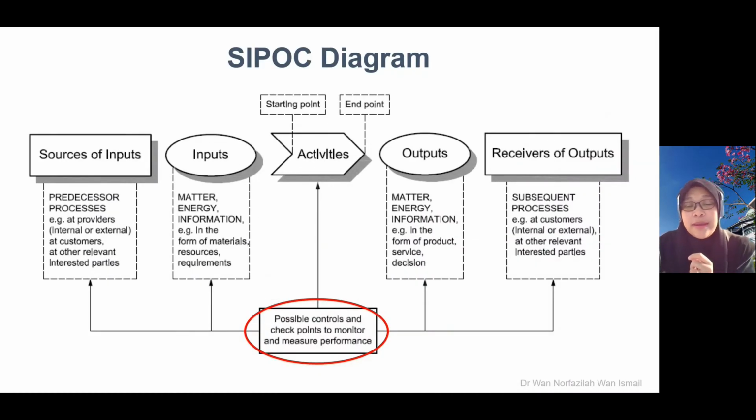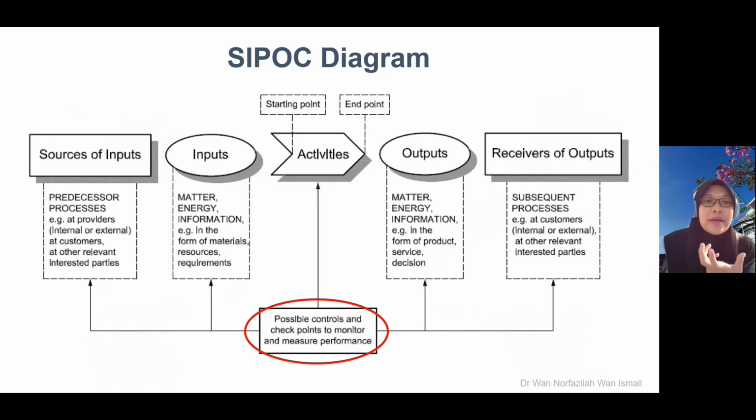Okay, SIPOC diagram. Actually, it is the same with the previous one, but we call it SIPOC diagram. S is for sources, I is for input, P is for the process or activities, O is output, C is the customer or receiver.